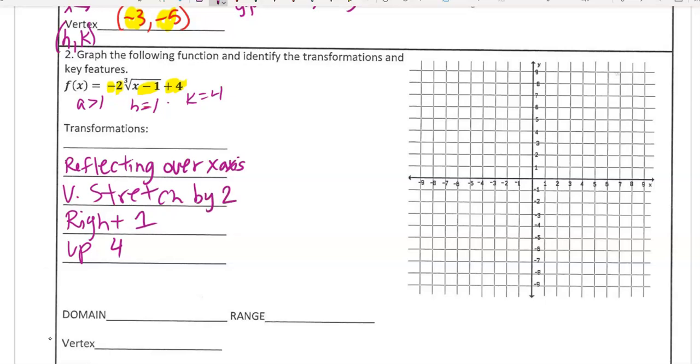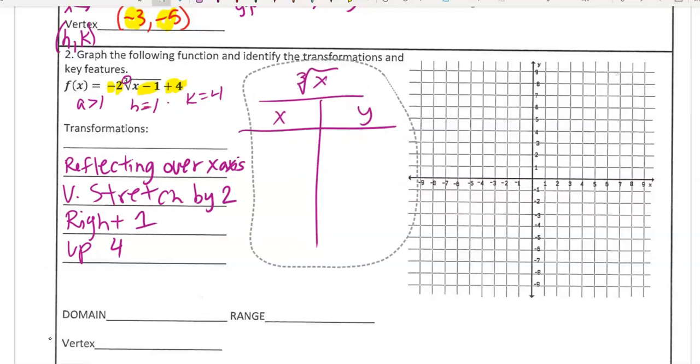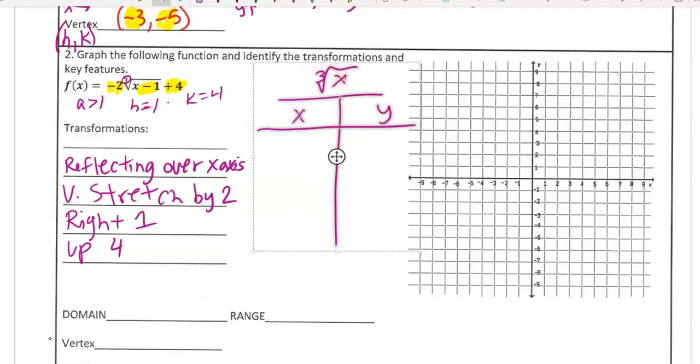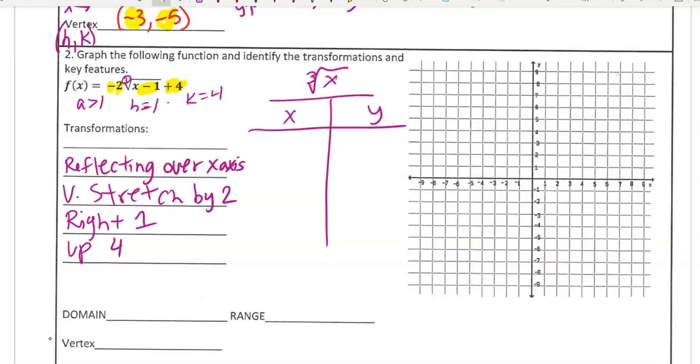Okay, so this is the cube root graph, our cube root of x graph. The points are (-8, -2).